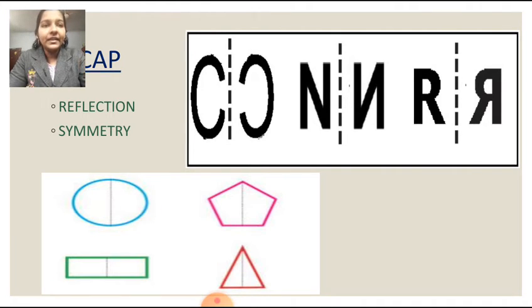Here in this pentagon, we can draw one line of symmetry. In this rectangle, one is drawn and we can draw a horizontal line of symmetry also. And in this triangle, there is one line of symmetry. Got it children? Is it clear what is reflection and what is symmetry?